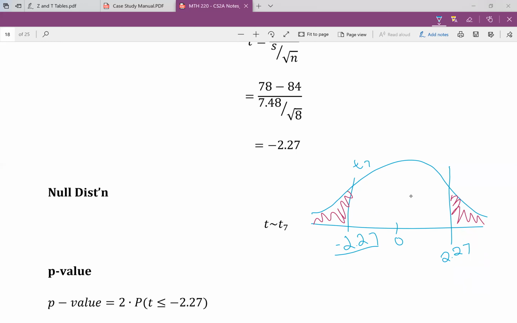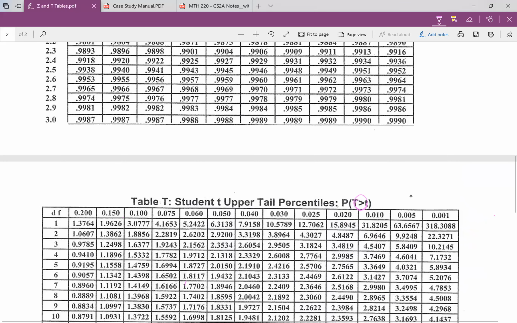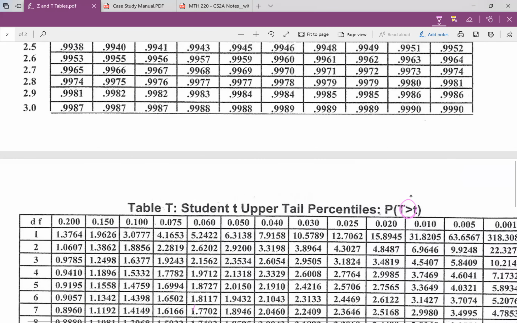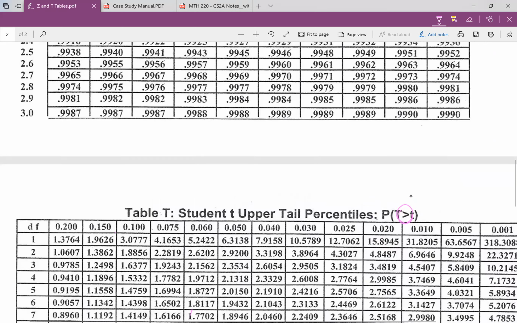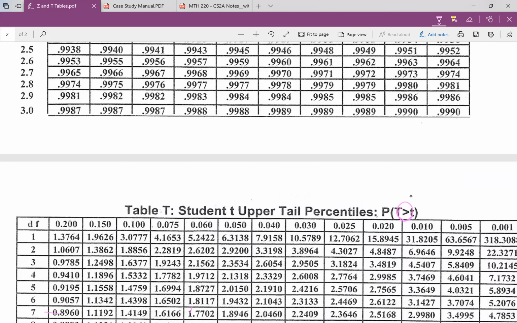Okay, so my degrees of freedom is 7, and I'm looking for 2.27 when I go to my table. So degrees of freedom is 7, and I'm looking for 2.27. I see 2.24, so 2.27 comes right after that.